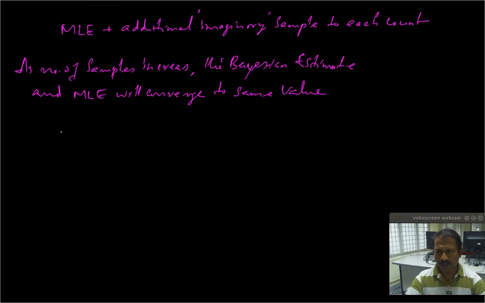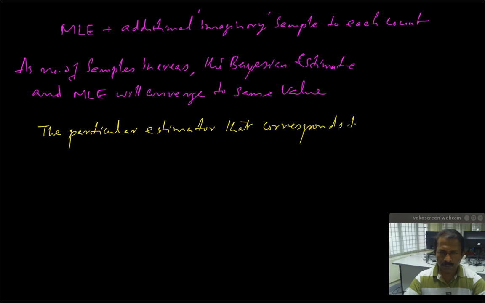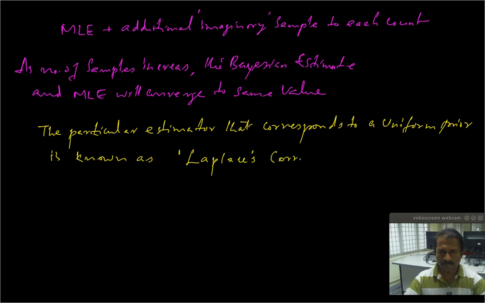The particular estimator that corresponds to a uniform prior is known as Laplace's correction, right?